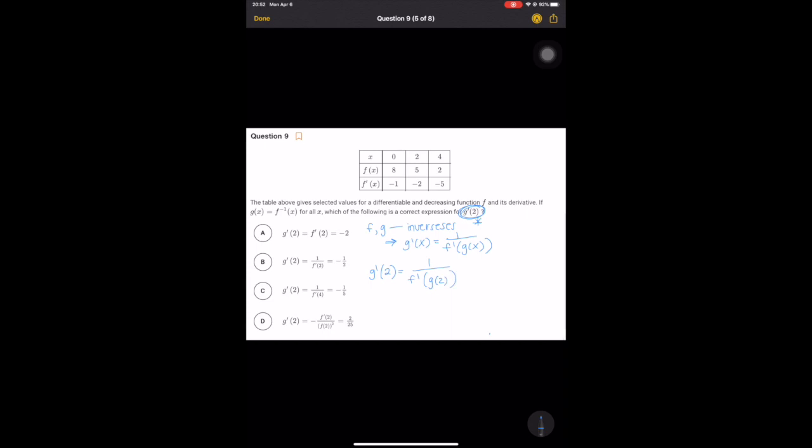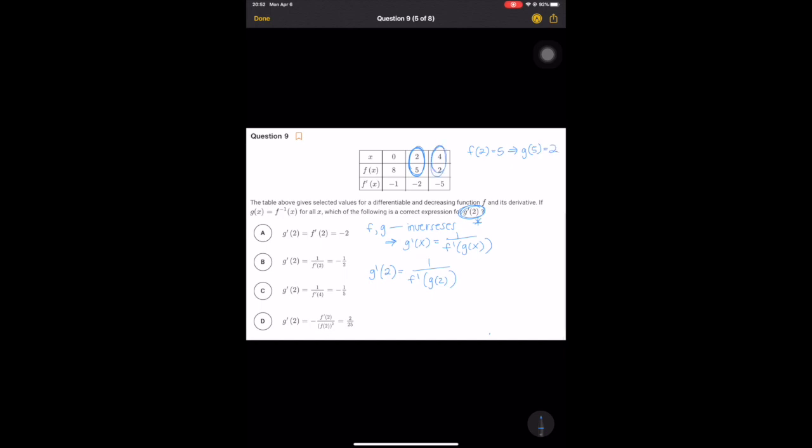But what is g of 2? We don't know necessarily, but let's look at this point here. We know that f of 2 is 5, which means that g of 5 is 2. That doesn't help.